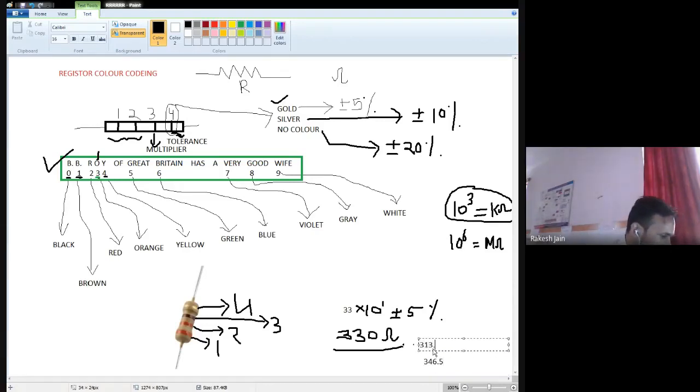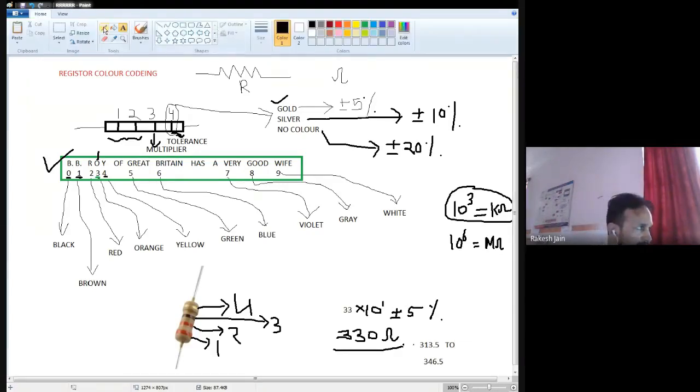So any value when you check with the multimeter, you will find the actual value may be 331.5, 334, 315, 314.5, anything between 313.5 to 346.5. So no need to worry about it. You can use this resistor in place of 330 because the theoretical value is the correct one, and the up and down is due to the tolerance.